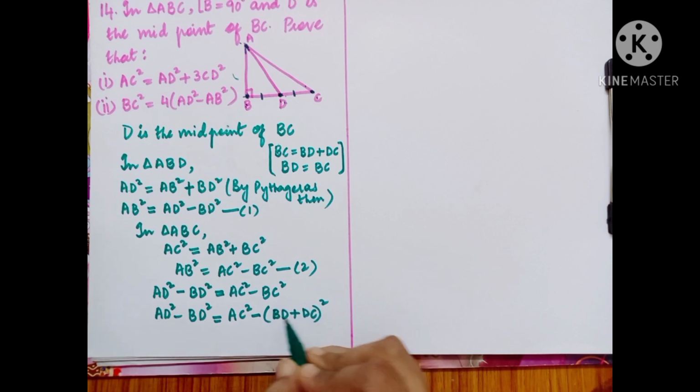This is in the form of (a plus b) whole square. So (a plus b) whole square is what? a square plus b square plus 2ab. Let us expand these. You assume this as a and this as b.